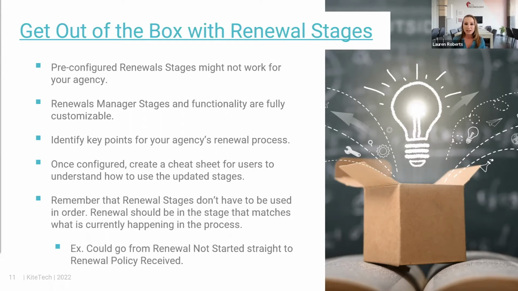So the stages themselves don't have to go in order. You could go from the renewal hasn't started all the way to I got the policy, I updated it in Epic, and it's done. It's really dependent on where you're at in the process.